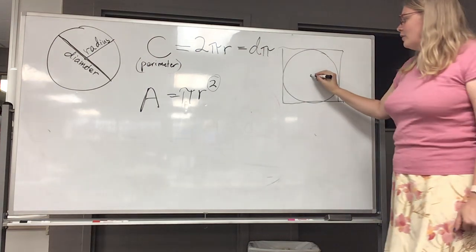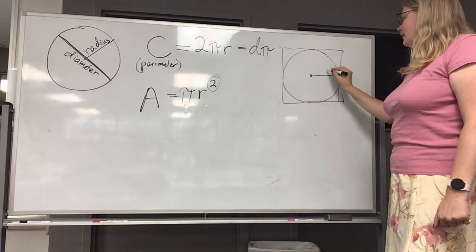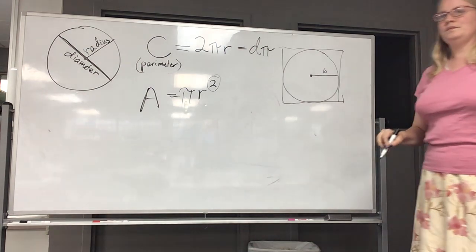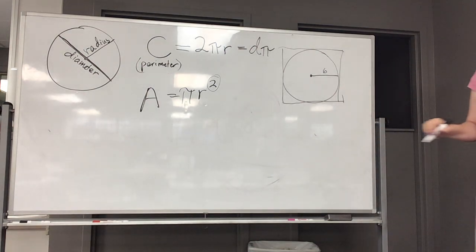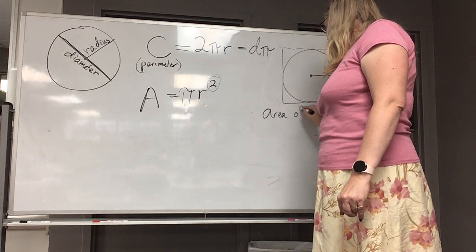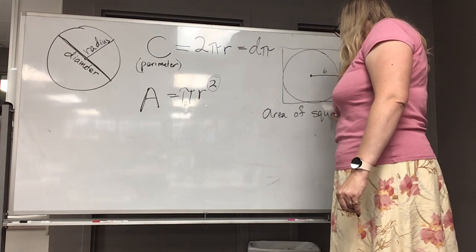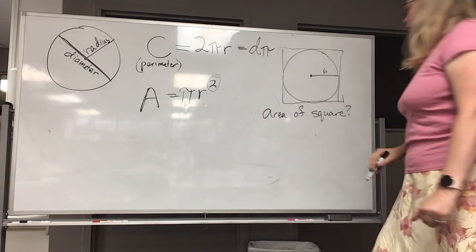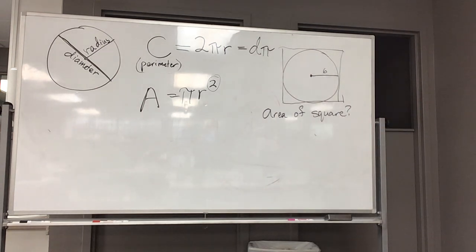And they tell you that the radius is 6. What's the area of the square?